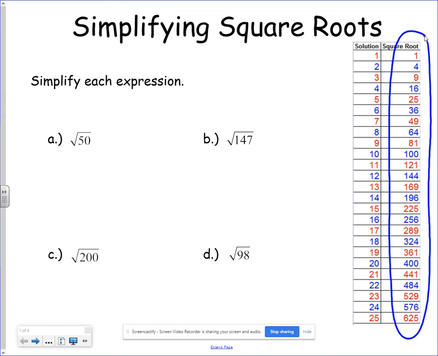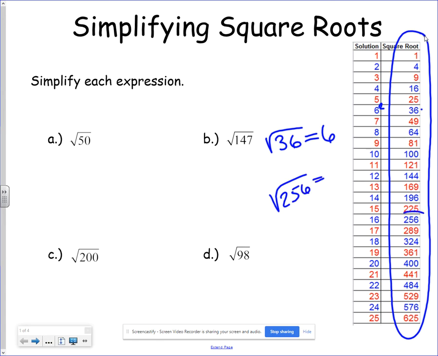So for example, let's say you're taking the square root of 36. Well, 36 is a perfect square. The reason it's a perfect square is because 6 times 6, so 6 squared, is 36. So the square root of 36 would be just 6. If I took the square root of 256, well, look at the list.